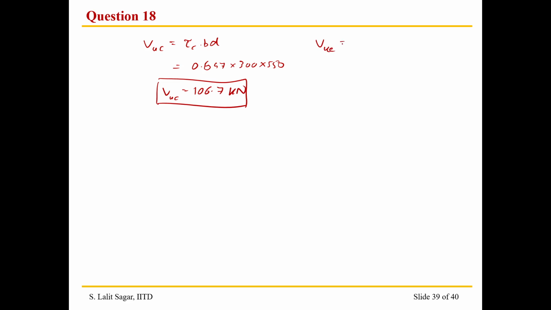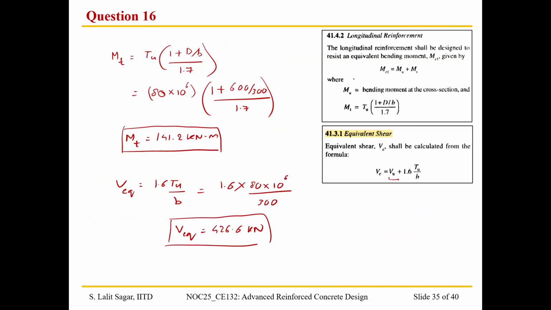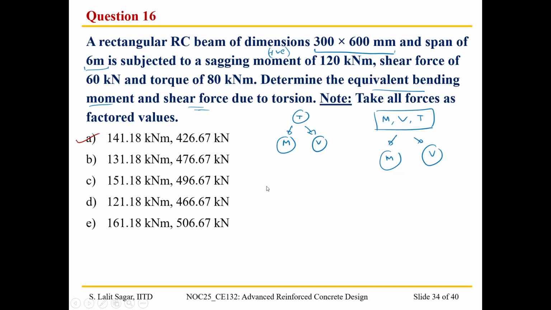But we forgot to determine the equivalent shear. That is VUE is equal to VU plus 1.6 TU by D, right? We have already found out that the equivalent force is 426.6, corresponding to a torque of 80 kilonewton meter.